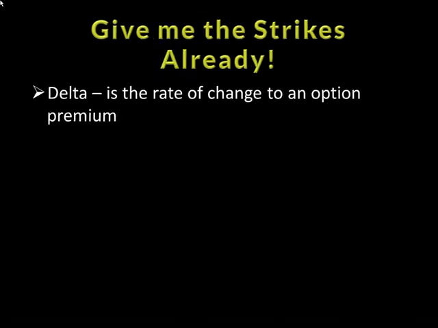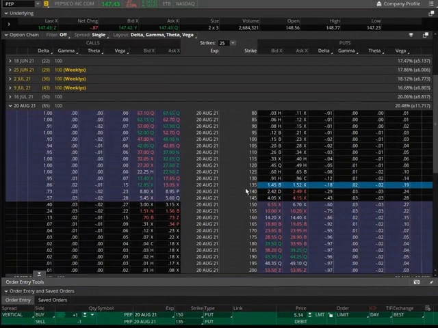So for instance, let's look at the calls just for sake of simplicity here. If I'm looking at the 150 calls, and this underlying moves up to 148.43, that's a $1 increase, right?